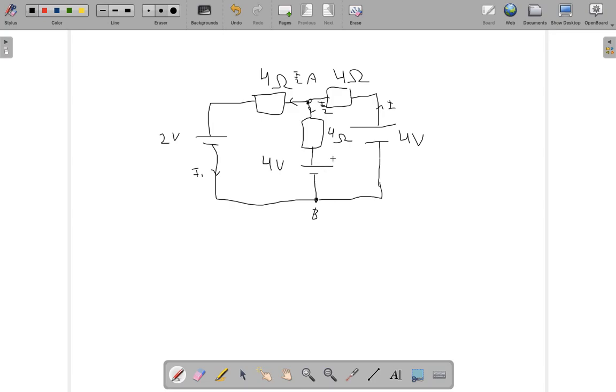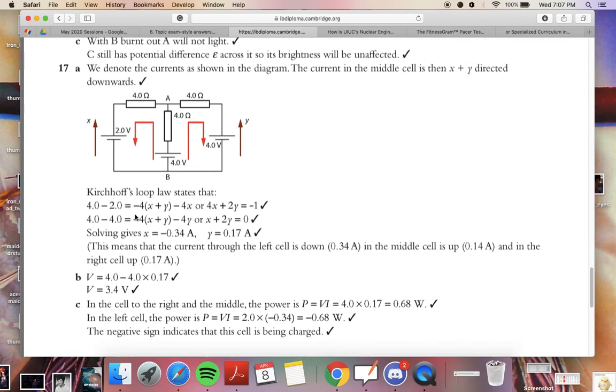Let's go from the center cell in that case. So we have a current going out over here and a current going out over here. Let's say this current here is X, this current here is Y. Right, I think that's what I believe they did.